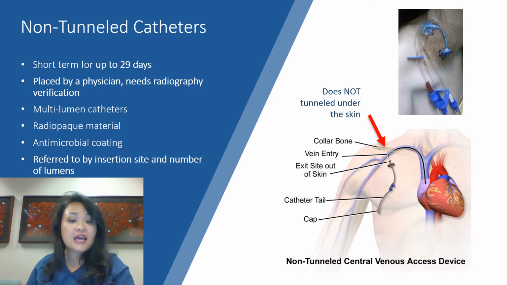These catheters are inserted by a direct needle stick into the venous system by a physician. It is commonly inserted at the bedside, but can also be placed in other areas such as the OR, the cath lab, and IR. After placement, the catheter needs an X-ray verification prior to it being used.